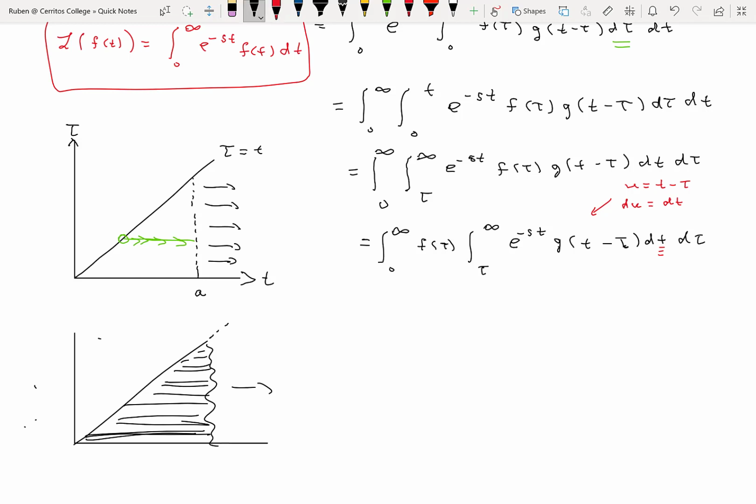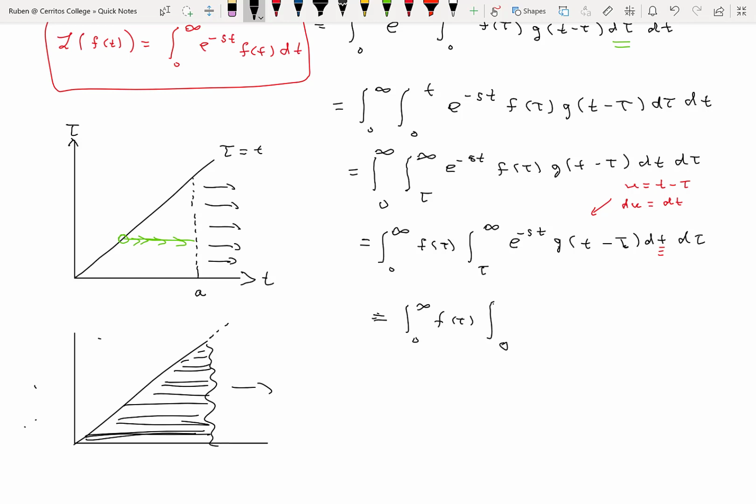Okay, and I'm going to make that substitution into the innermost integral. So I'm integrating from 0 to infinity of f of tau. When I put the limits of integration into the u substitution, what's going to happen? Well, let's do it. The lower limit of integration occurs when t equals tau. When t equals tau in the red substitution, u equals 0.